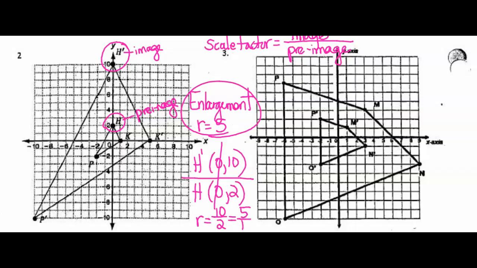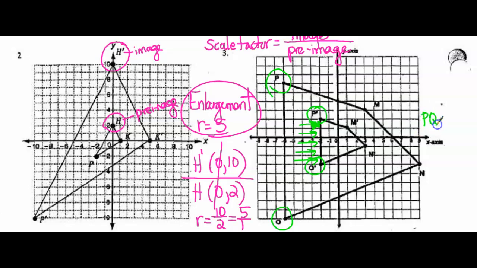The second way is to count the units. So I'm going to pick P to Q and P to Q. So remember, first off, you want to have the image, and if I count these boxes, that's 1, 2, 3, 4, 5.